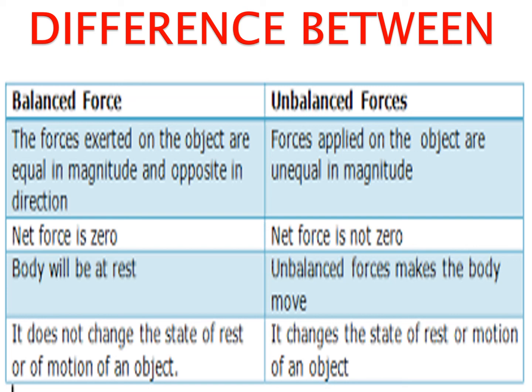But in unbalanced force, net force is not 0. In balanced force, the body will be at rest. But unbalanced force makes the body move. Balanced force does not change the state of rest or of motion of an object. But unbalanced force changes the state of rest or motion of an object.